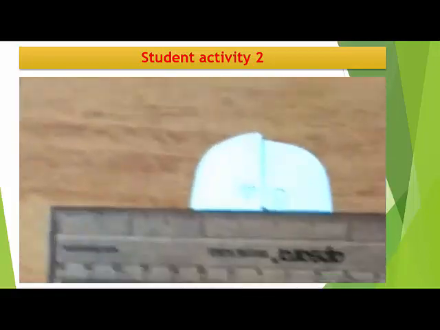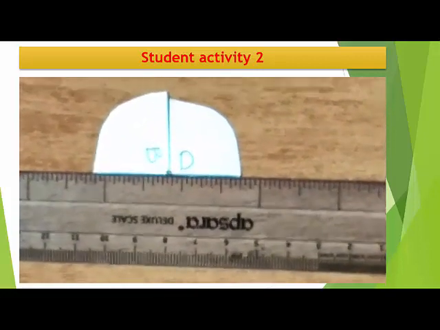So there are two linear pairs of angles. We may call these supplementary angles.